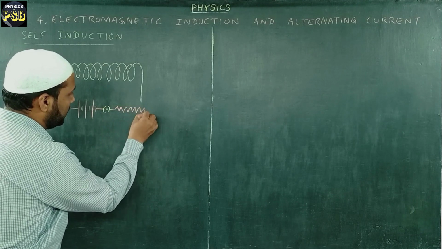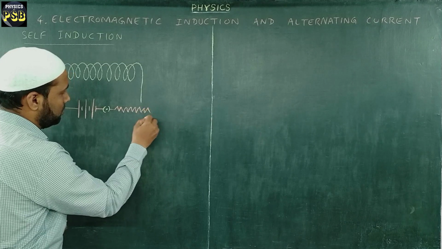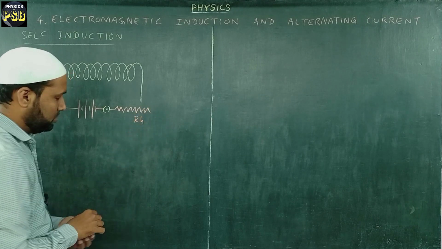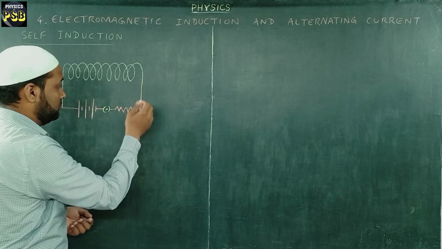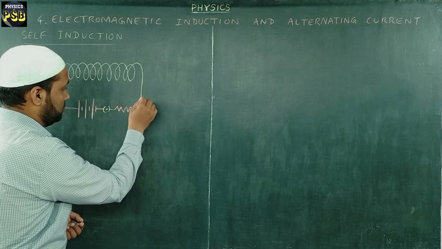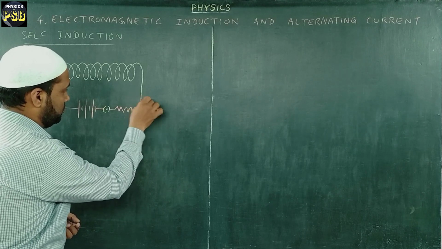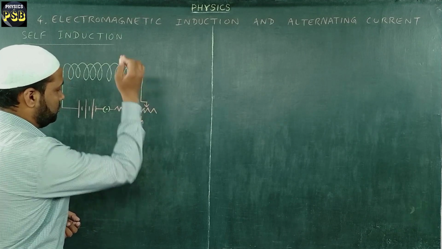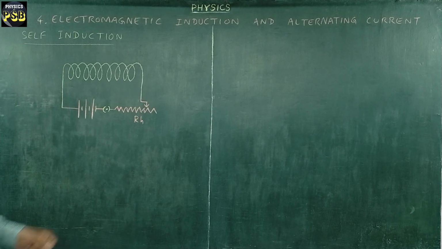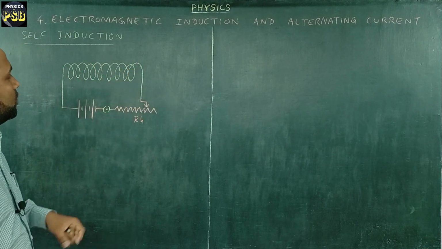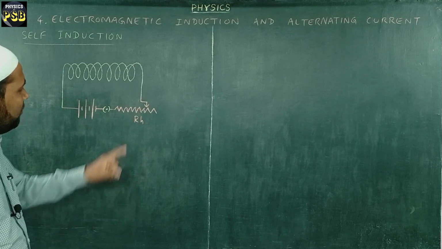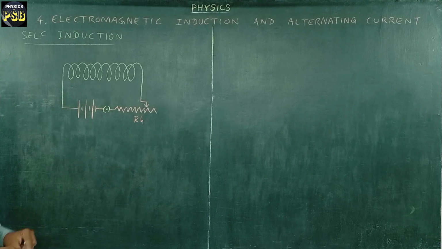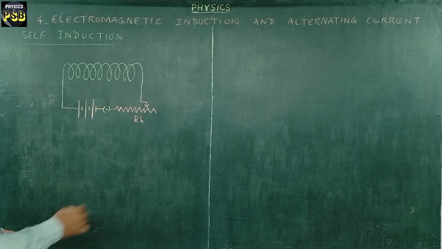This is the rheostat RH. Here, this end of the coil is connected to another end of the rheostat. So with the help of the rheostat, we can vary the current flowing through this coil. It has a number of turns.